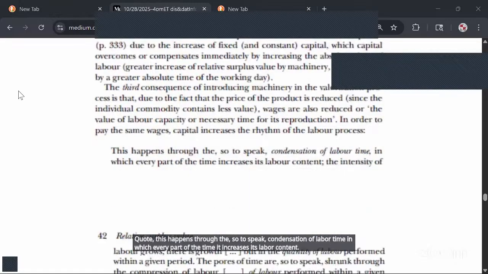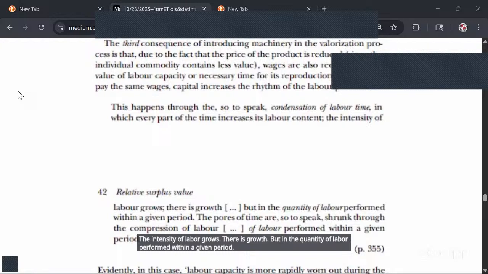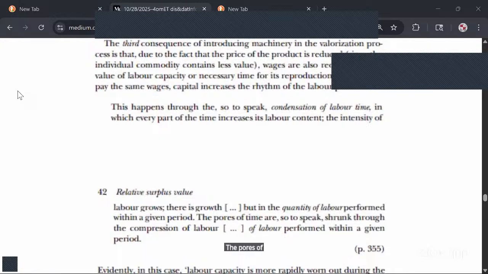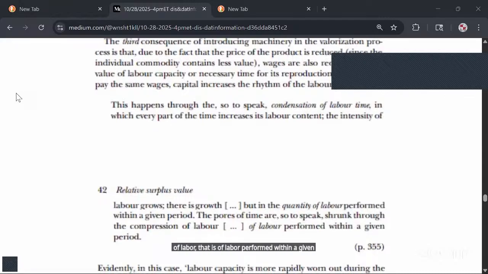The intensity of labor grows. There is growth in the quantity of labor performed within a given period, the pores of time are, so to speak, shrunk through the compression of labor, that is, of labor performed within a given period, close quote.